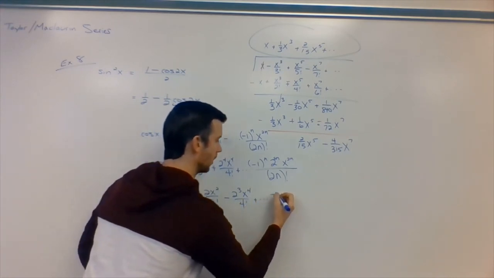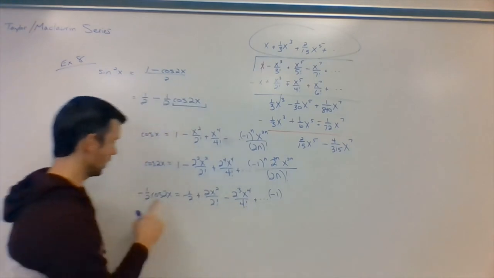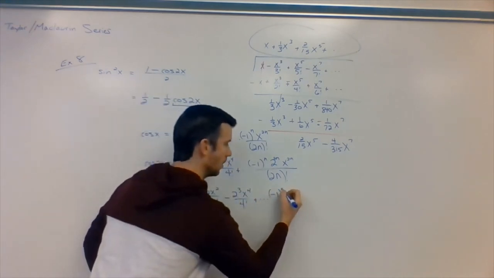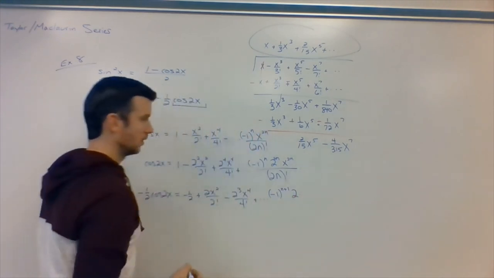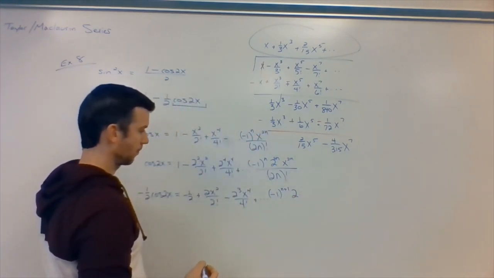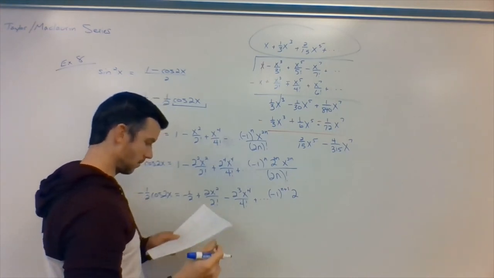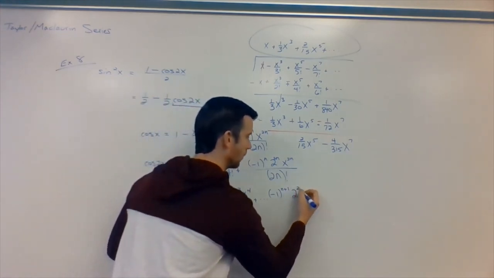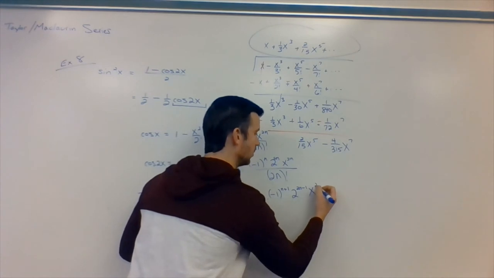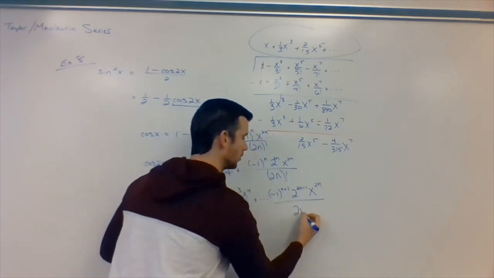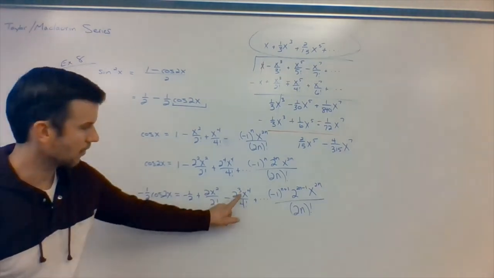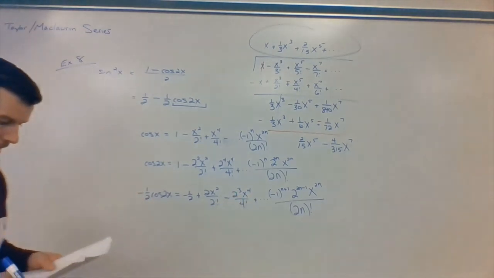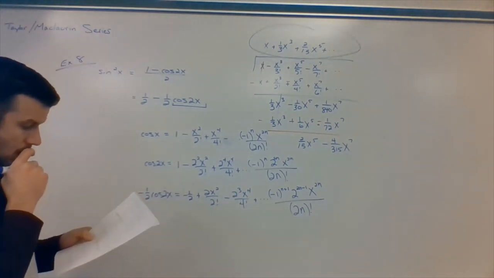So what's happening here? It's now negative 1 to the n plus 1. It's now 2 to the 2n minus 1, x to the 2n over 2n factorial. Okay, because that's what's happening here. That's always one less than that one.